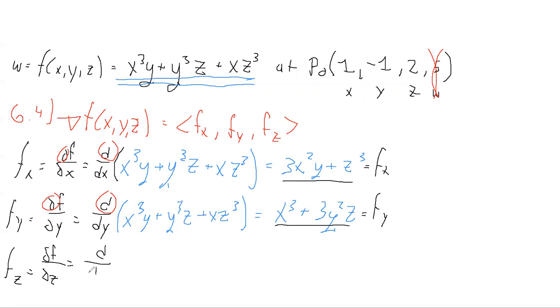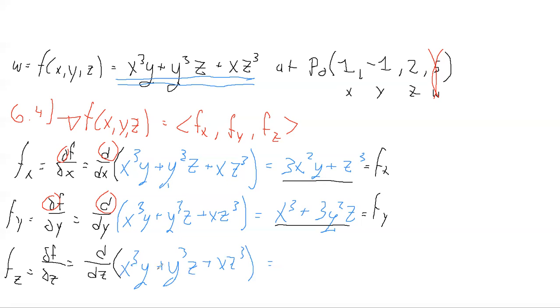So like I said, your f of z is equal to your partial derivative with respect to z of your equation that we were solving for, which is going to be your x cubed y plus y cubed z plus x z cubed. Like I said, this is really repetitive. So if you get the gist of how I'm doing it, then I feel like you'll be solid for this exam.